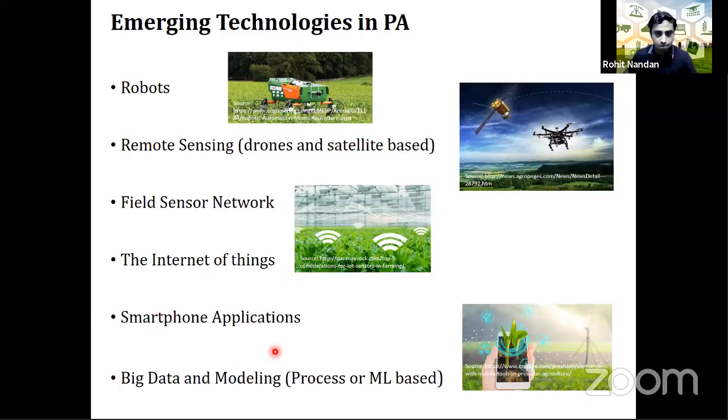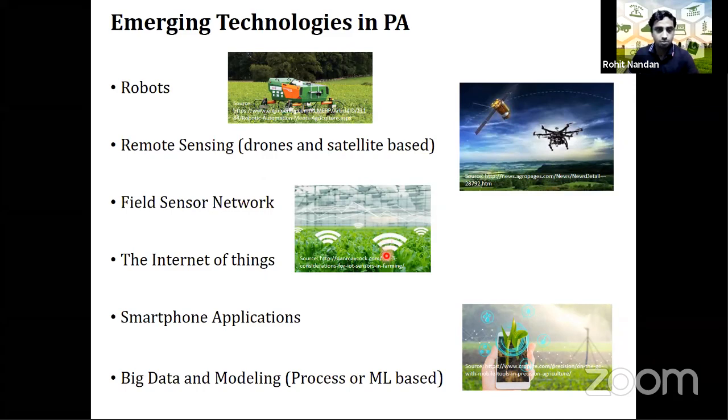Other things are smartphone applications. Smartphones have also been used for data collection as well as for decision making. From a smartphone we can control the robots, we can control the drones, and also see how the drone images are being collected.